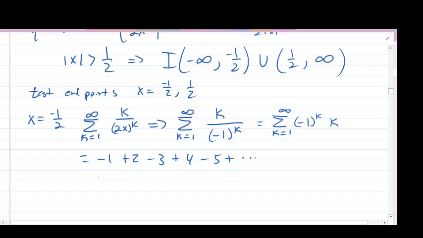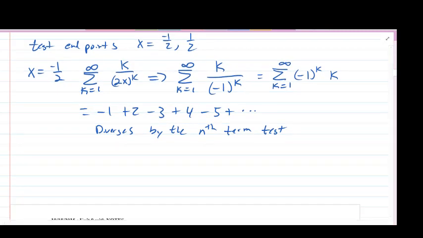So that series diverges by the nth term test. Write the nth term test. The limit as n goes to infinity of minus 1 to the n times n is equal to, this alternates, you have this alternating piece.